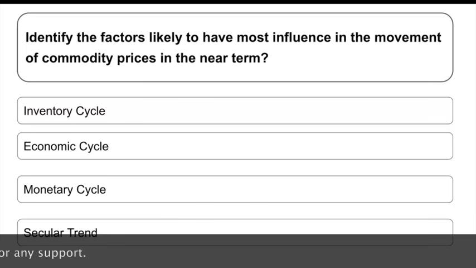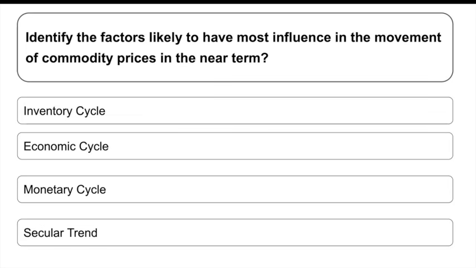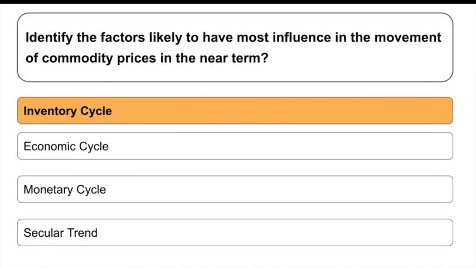Going to the next question, identify the factors likely to have most influence in the movement of commodity prices in the near term. The options are inventory cycle, economic cycle, monetary cycle and secular trend. So friends, the correct answer is inventory cycle. What is inventory cycle? It is how often we would need to restock our inventory.